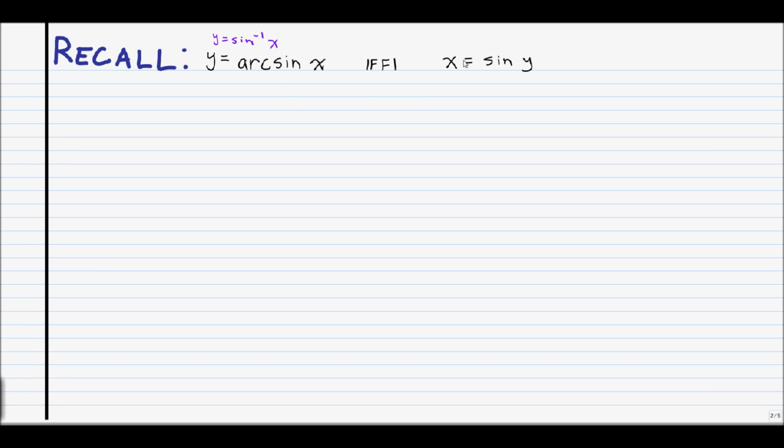Well, the reason we want to look at it this way is if we want to find the derivative of y equals arcsine of x, if we look at it in terms of x equals sine of y, we no longer have a new function. Over here, with inverse sine, we don't know what the derivative is. It's just not one of our rules. We didn't cover that in chapter 2 last term.